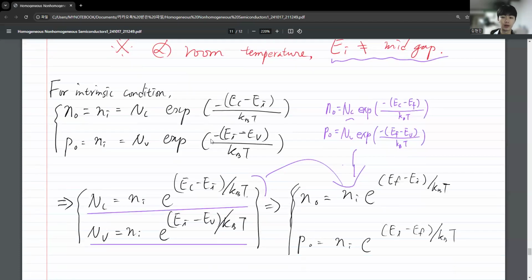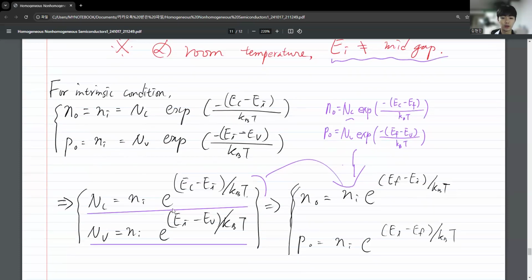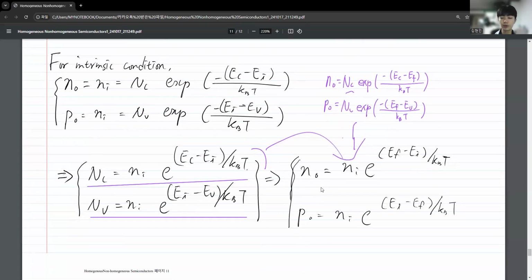For the intrinsic condition, n0 equals ni and p0 equals ni. So n0 equals ni times exponential of the Fermi energy level minus the intrinsic energy level over kBT, and p0 is this equation.